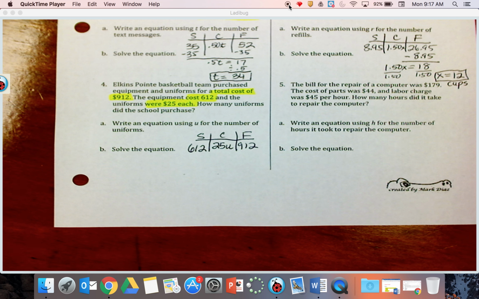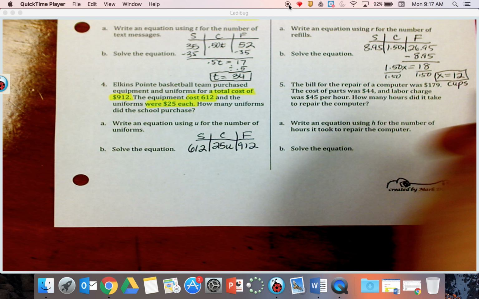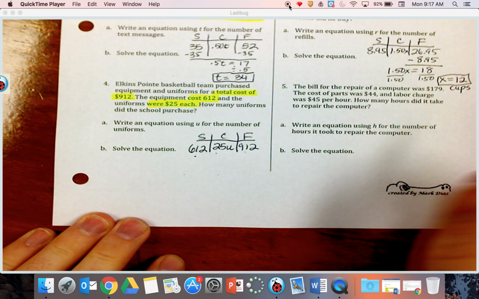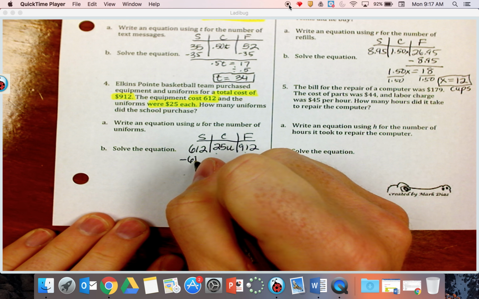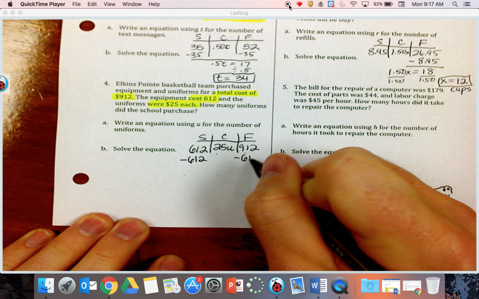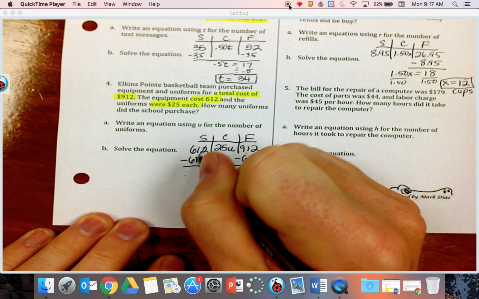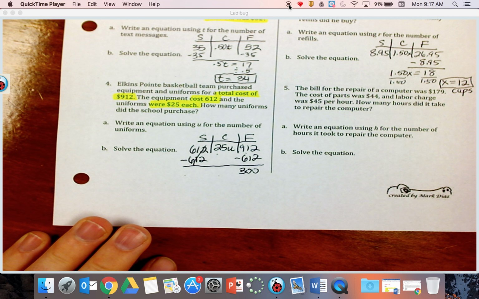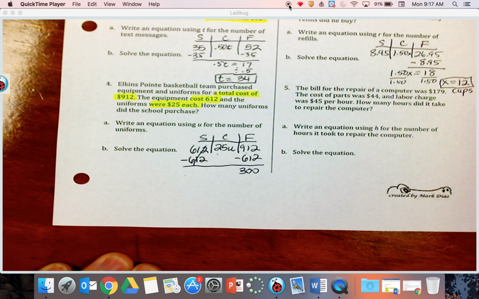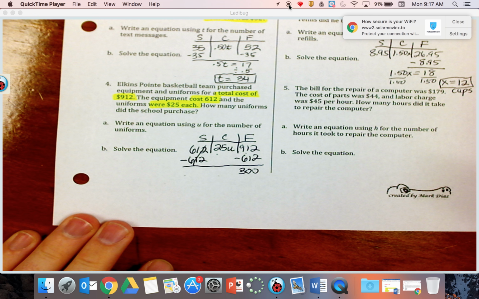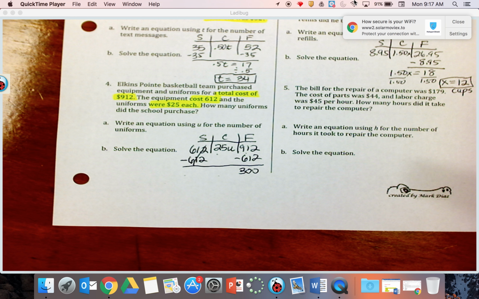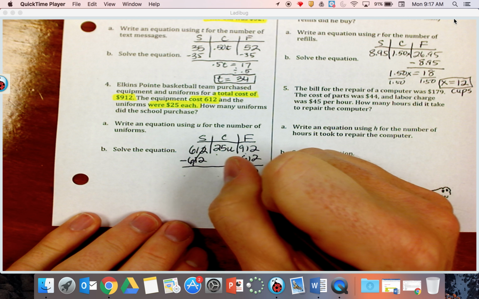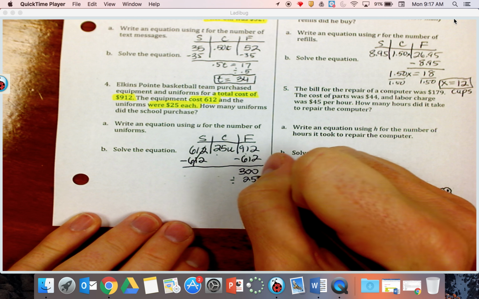$25 for every uniform. And my cost is $612 for the equipment and other things that they buy. So now all I can do is set this one up. This is plus again, because this plus this gives me $912. So the opposite of plus is a minus 612. Those go away, and I'm left with $300. So $300 is what they spent on uniforms, and it cost $25 for every uniform. Remember, that's multiply, so I'm going to divide each side by 25.